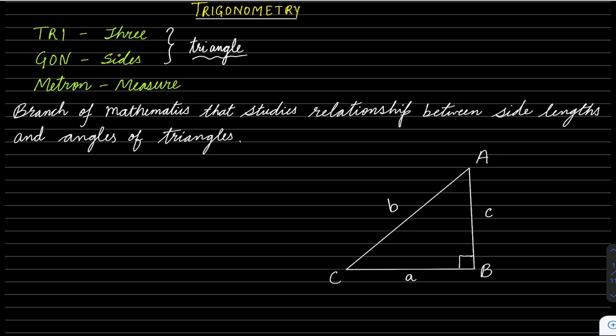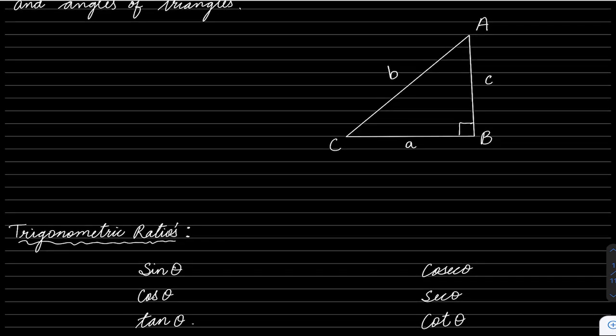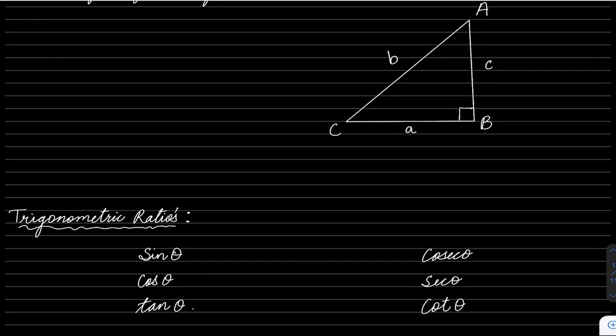Okay, so to understand trigonometry, or to understand the relationship between side lengths and angles, we are going to use some ratios. These ratios are known as trigonometric ratios. These are very helpful when we study the lengths and angles of a triangle. So what ratios are we required to know? There are many ratios, actually more than 6.